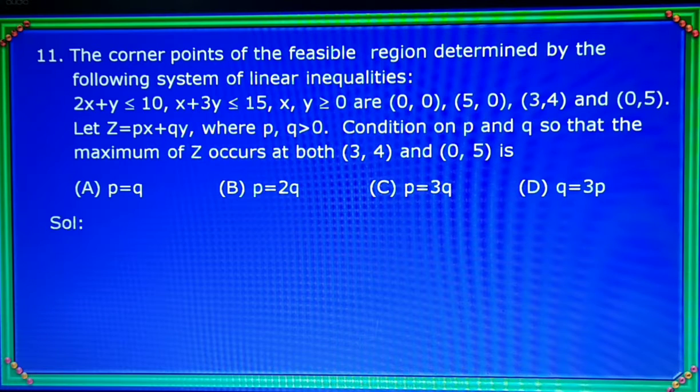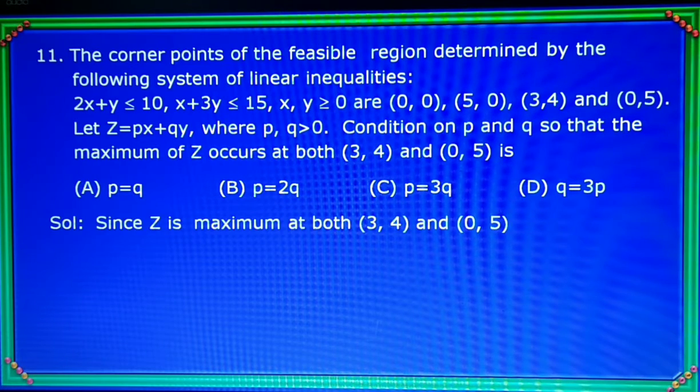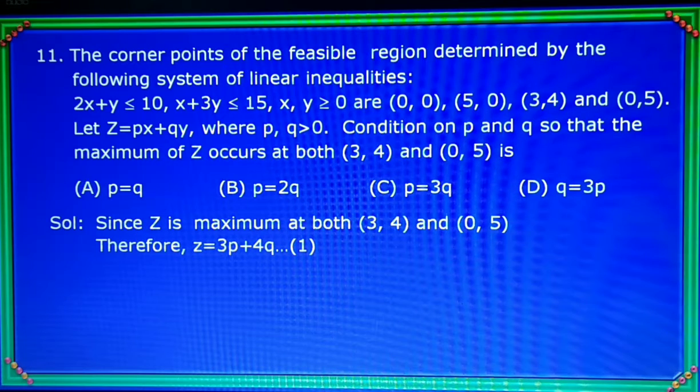Solution. Since z is maximum at both points with coordinates 3, 4 and 0, 5, therefore z is equal to 3p plus 4q, say number 1, when you take x equal to 3 and y is equal to 4.